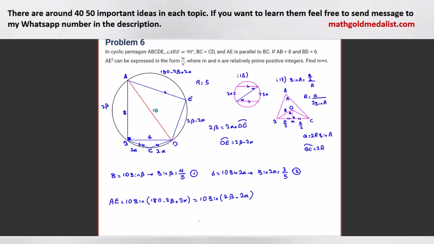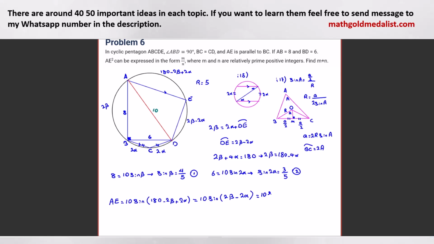Now, here we want to see, can we find beta in terms of alpha? We can, because here their sum is 180 in this semicircle. So we know that 2 beta plus 4 alpha is 180. Okay, so 2 beta is equal to 180 minus 4 alpha.